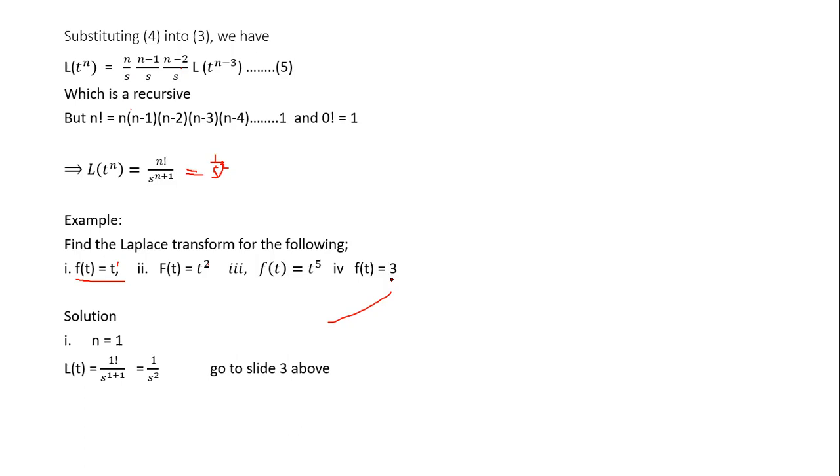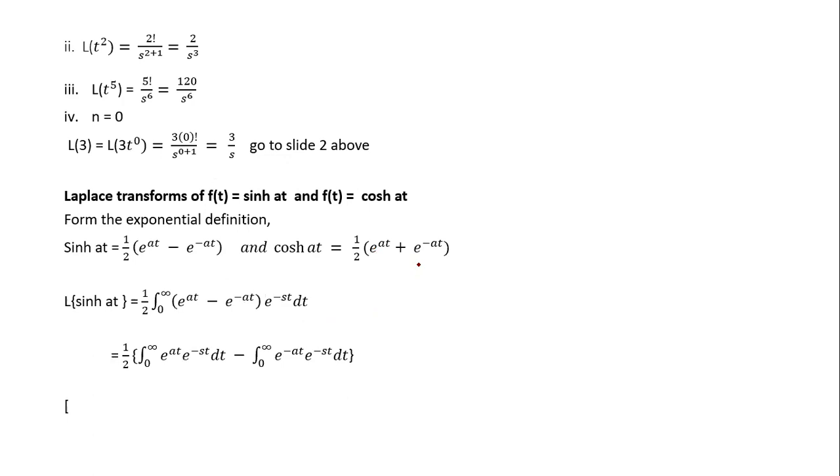So you can write this as, let's say, 3t^0. Therefore, we have 3 times 0 factorial over s. And 0 factorial, we have learned that it's 1. So it becomes 3 times 1 over s, which is the same as 3 over s. And we did Laplace of a constant, which is the same as that. So that's what we have here.